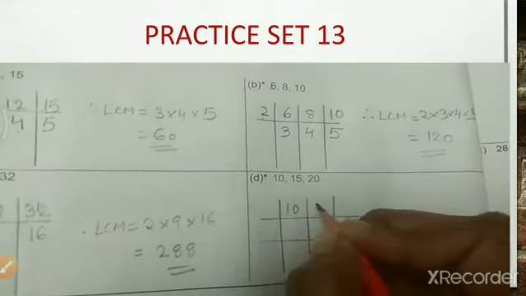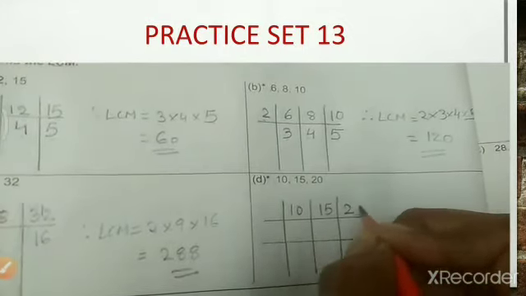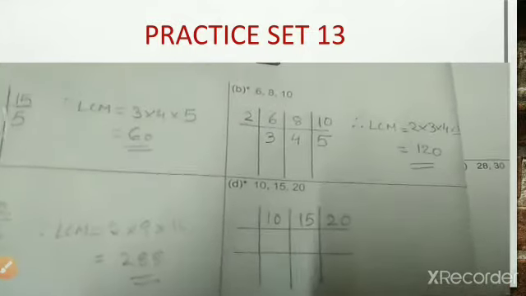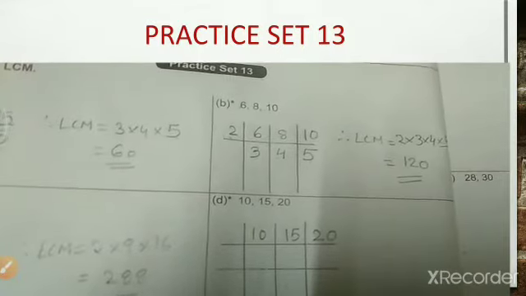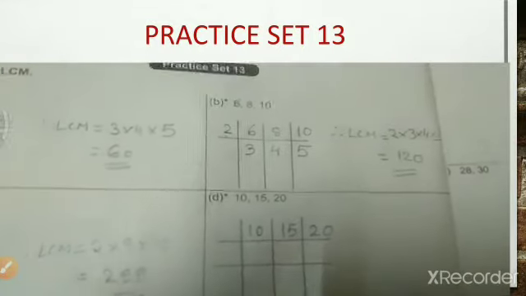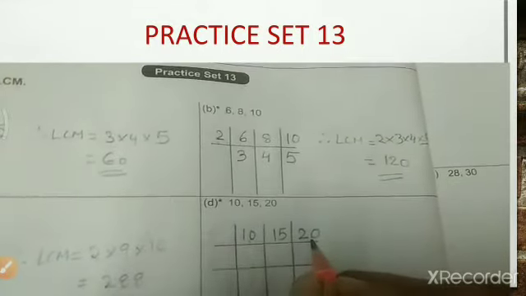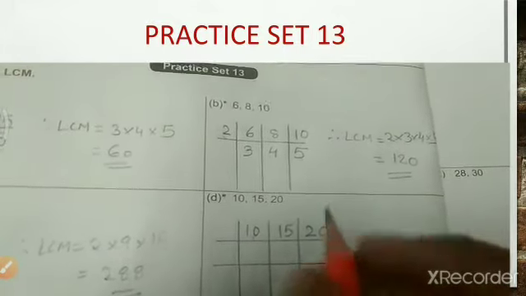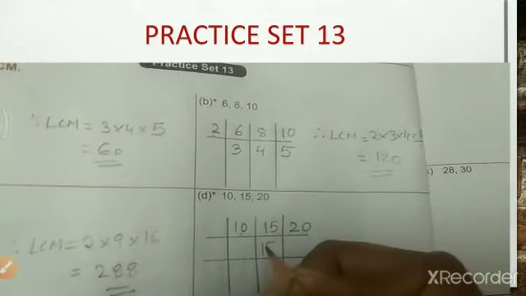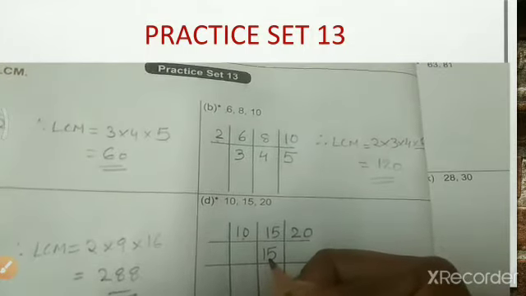Now see the fourth one, 10, 15 and 20. Now we have to find out the LCM of 10, 15 and 20. So how you will do? Now see, all the three numbers are not divisible by a single number. 10 and 20 is divisible by 2. So first we will divide 10 and 20 by 2. 15 you have to write down as it is. Clear everyone?